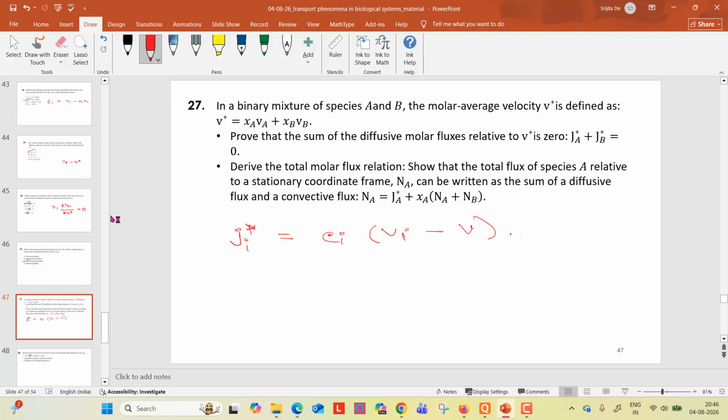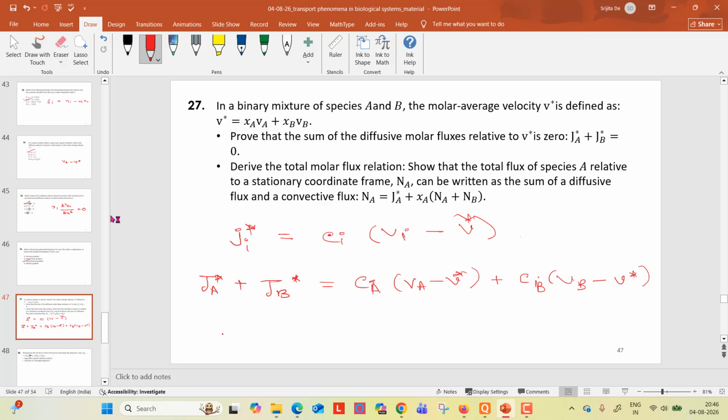So for binary mixture, Ja star plus Jb star equals Ca into Va minus V star plus Cb into Vb minus V star, right?